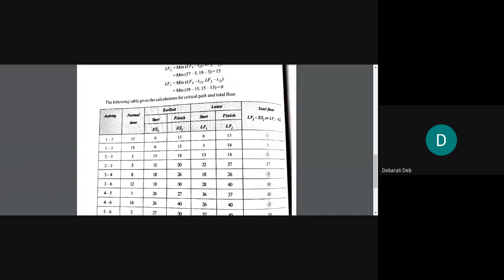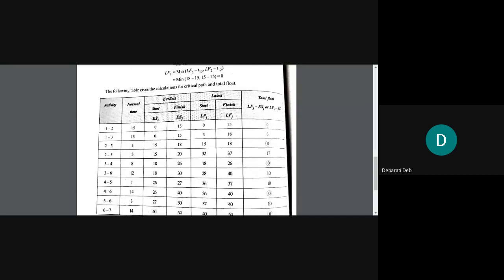Those who were not present in the previous classes, please refer to the class recordings from last week. I had explained there how to write the earliest start, earliest finish, latest start and latest finish numbers, and how to calculate the total float. Please refer to that and complete this sum.